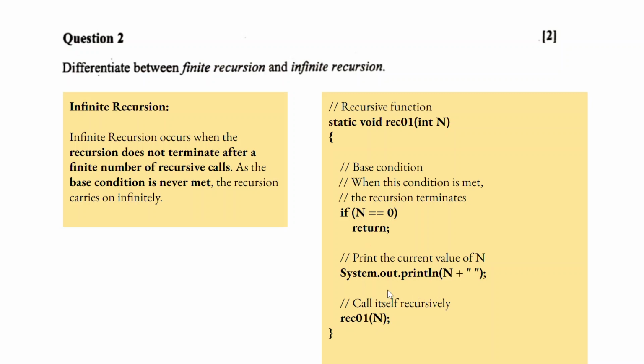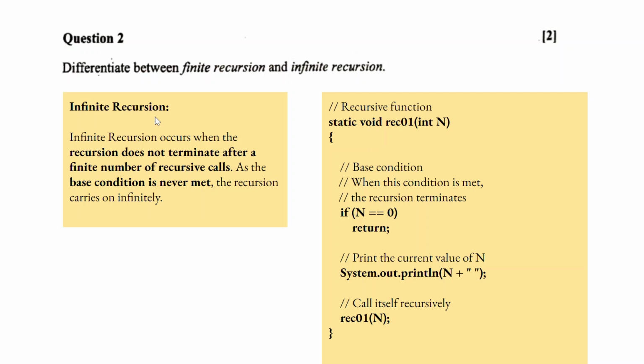If we take the same example and same value, say 5 is passed as a parameter for the value of n, of course the value of n is never changing, so the base condition will never be met. So this code will run infinite times. Such type of recursion is known as infinite recursion.